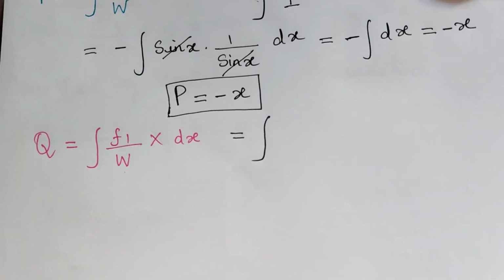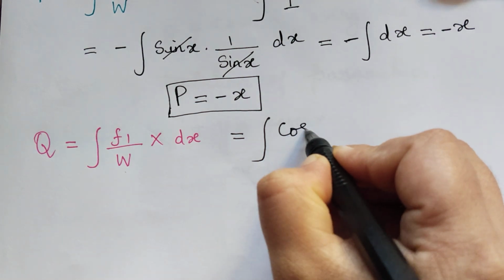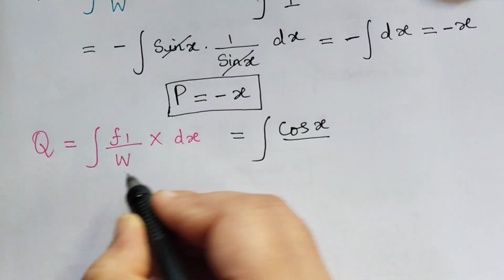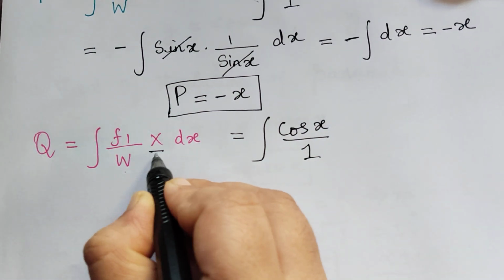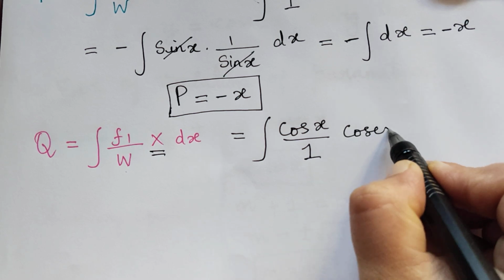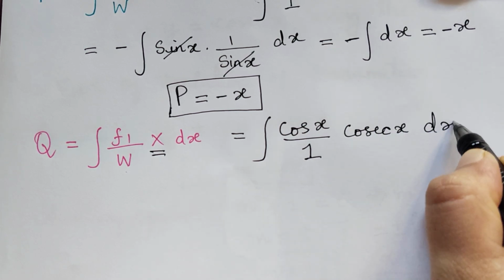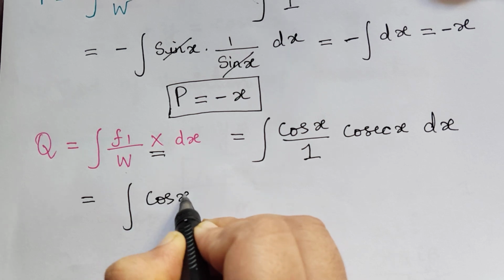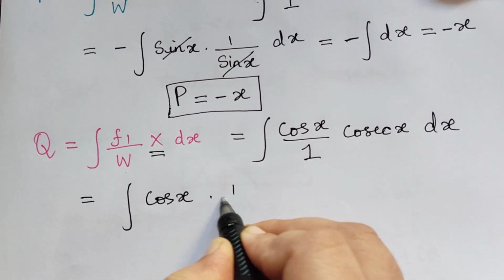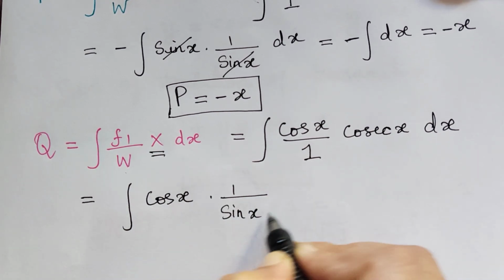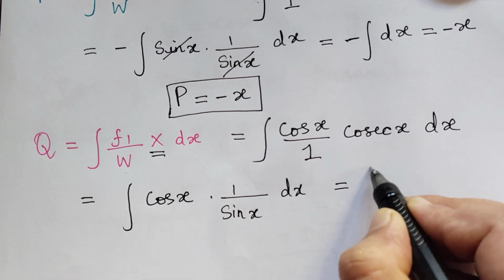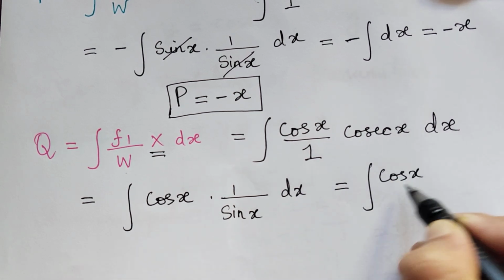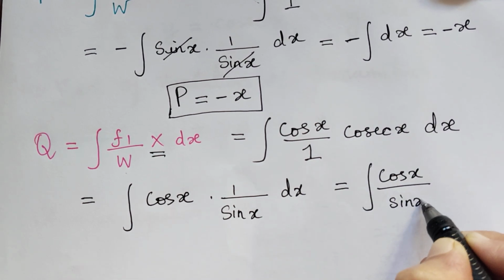The value of f1 is cos x divided by, what is w? It is 1. What is capital X? It is cosecant x, dx. So that is equal to integral cos x. Now cosecant x can be written as 1 by sin x dx. So this will be equal to integral cos x by sin x dx.